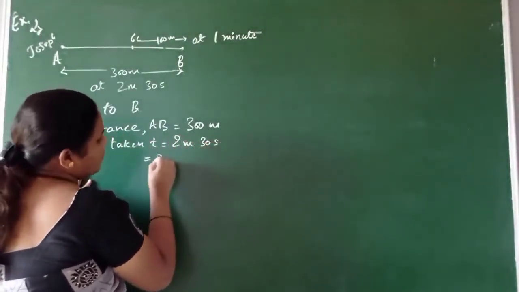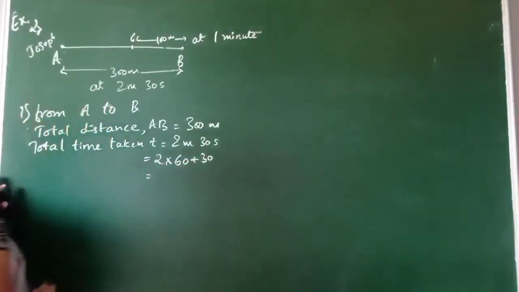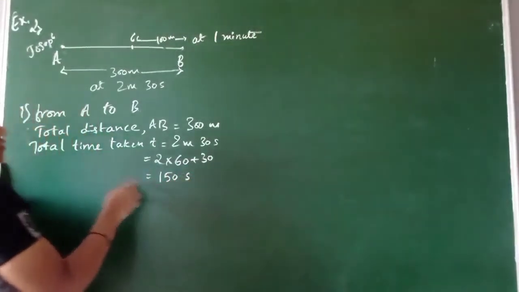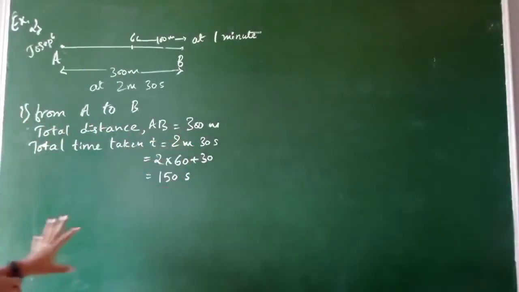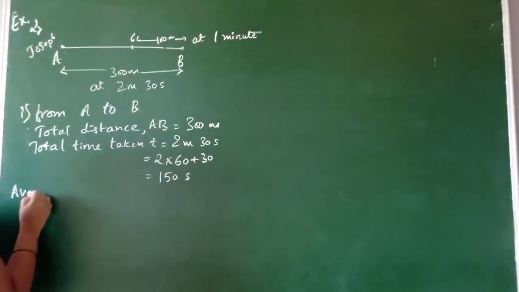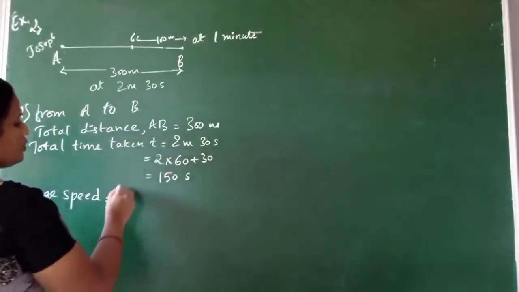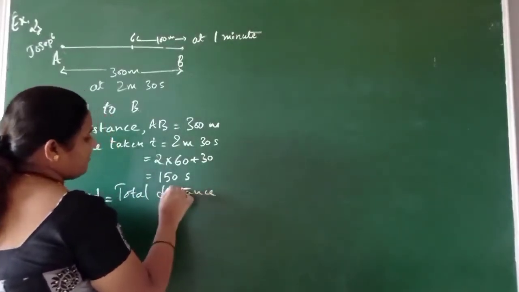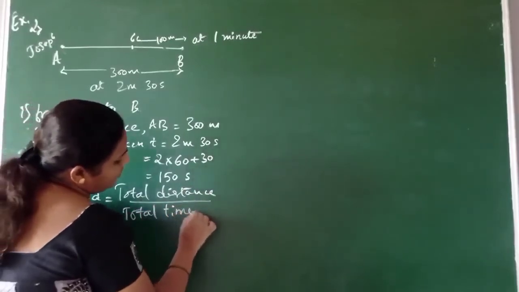That means 2 into 60 plus 30, which is 120 plus 30. How much, children? 150 seconds. So, 300 meter in 150 seconds he will do. For this, we have to calculate average speed, children, which is equal to total distance divided by total time taken. This is the formula.